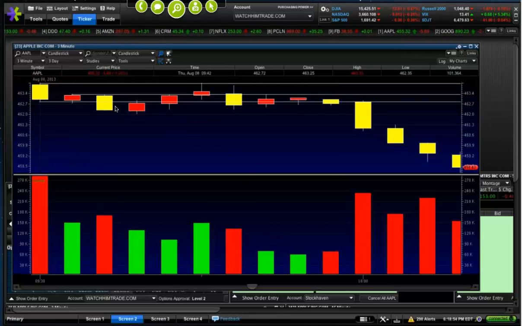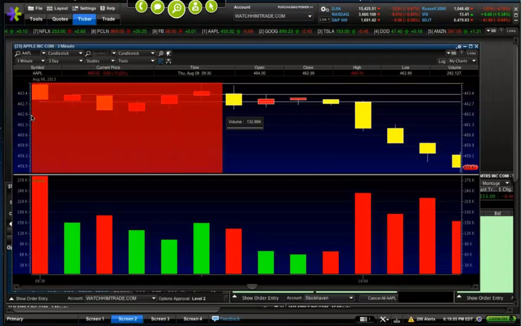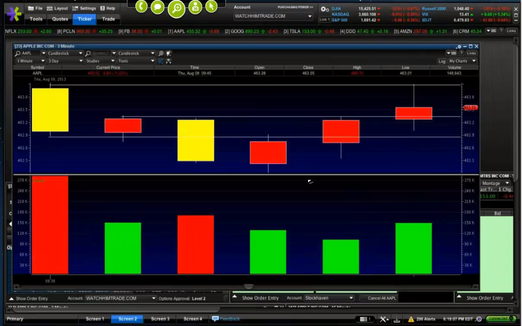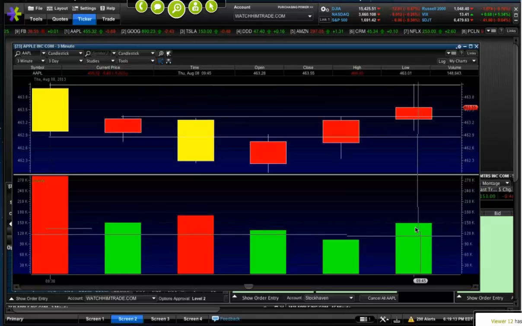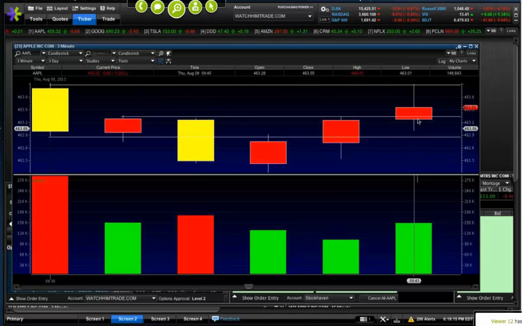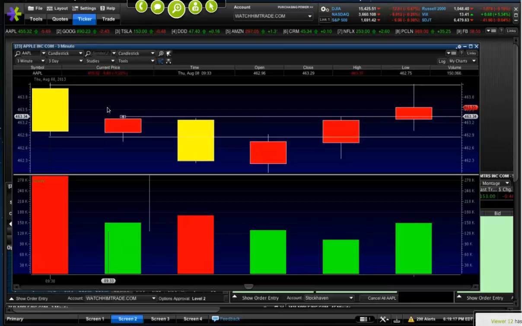Now, Apple then kind of stabilizes and goes sideways here, right? 9:42 through 9:45. However, look at this candle here at 9:45. Where does it get rejected?